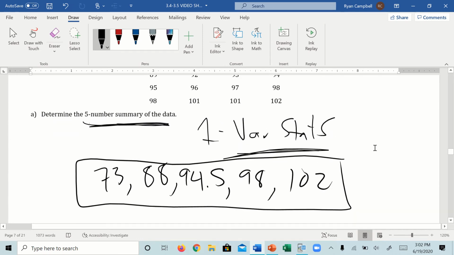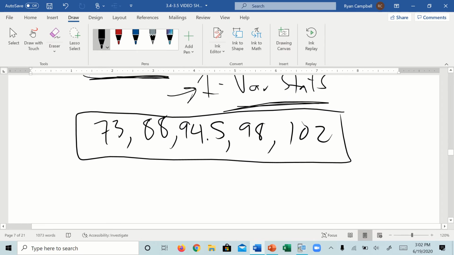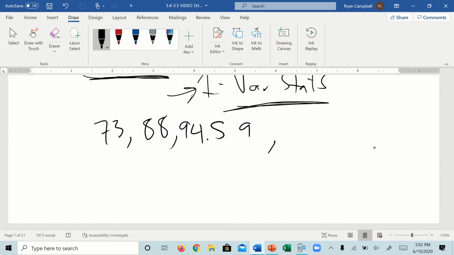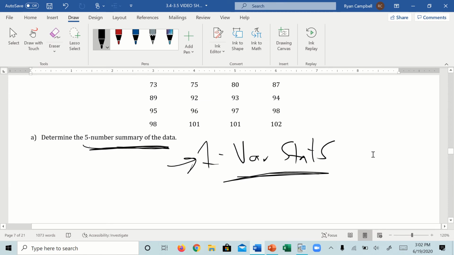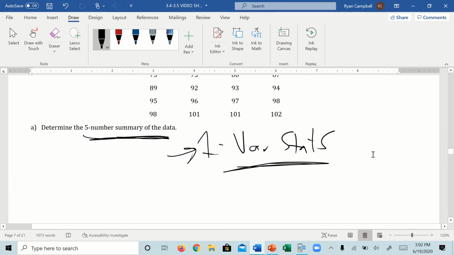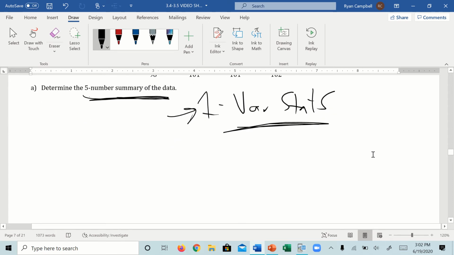If you want partial credit on the test, a good way to do that would be to write out 1-Var Stats and then write the actual numbers you see. With this last test, you had a lot of options for partial credit because you could write out specifically the numbers that you're multiplying. In this case, since we're using our calculator, there's less partial credit to do. So what you could do is write out 1-Var Stats, tell me that's what you're using, and then for the 5-number summary, just write out specifically the 5 numbers, right?